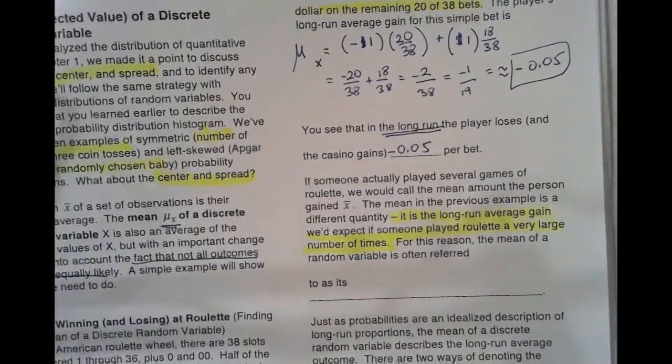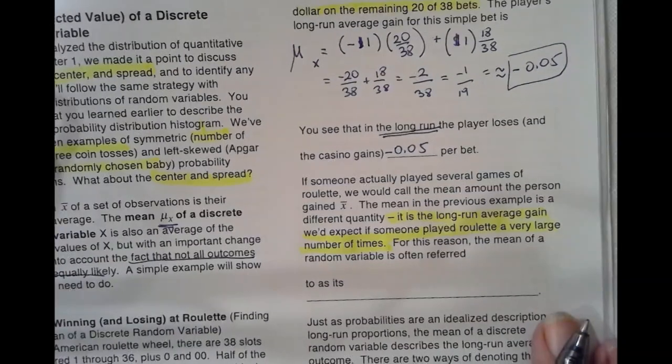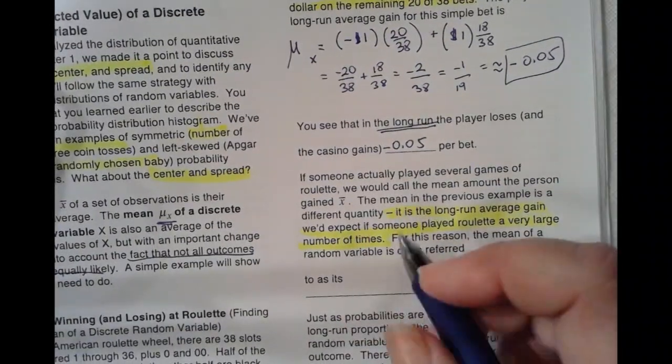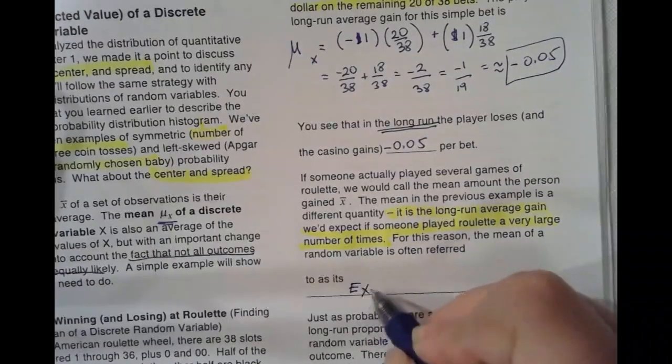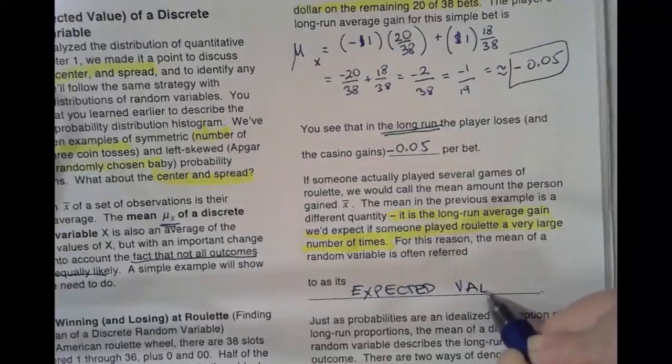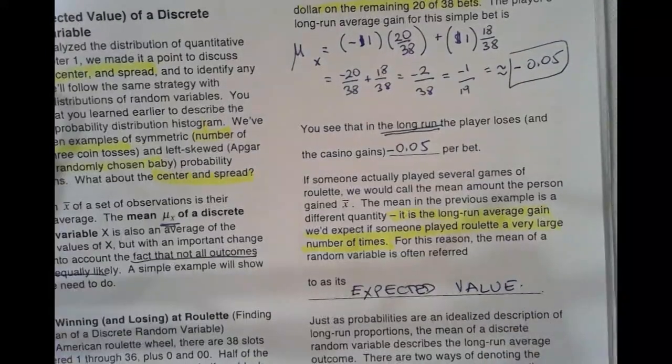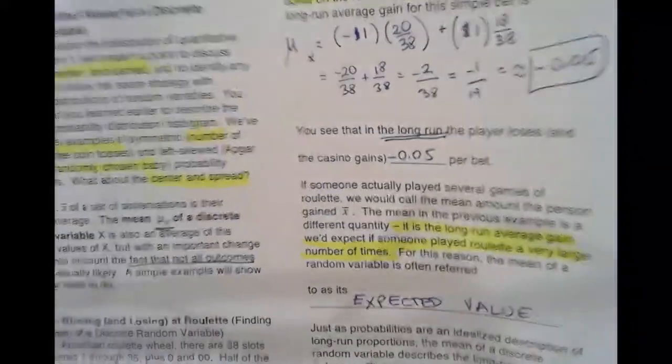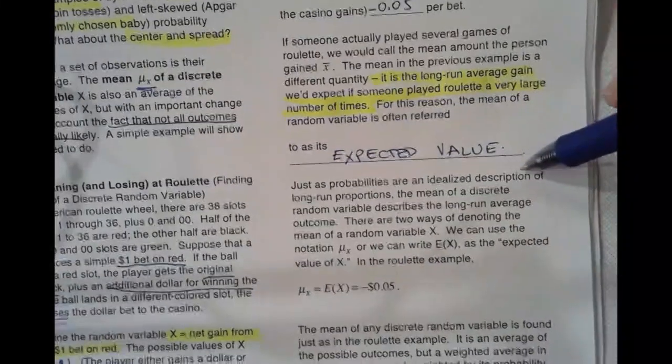I'm talking about thousands and thousands of times, over a long period of time. For this reason, the mean of a random variable is often referred to as its expected value, because it's considered over a long period of time, and so the long run average is also called the expected value.